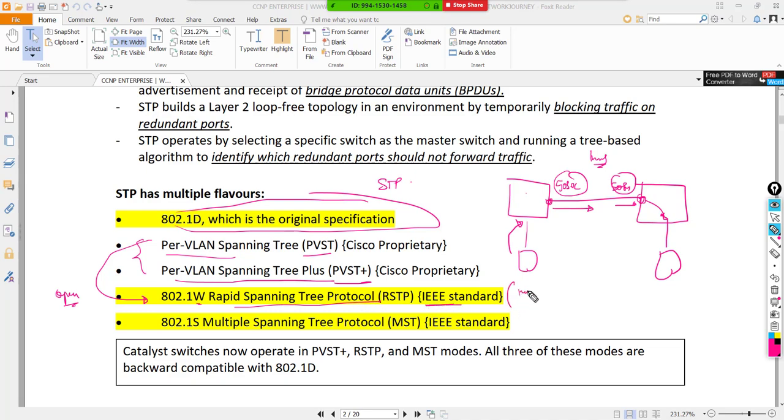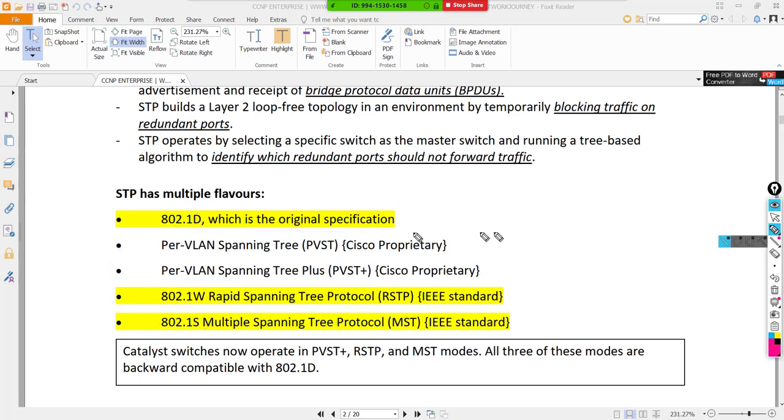That means it's multi-vendor supported, not just Cisco. The first two are Cisco, but this one is multi-vendor. We also have Multiple Spanning Tree Protocol, which is an IEEE standard. The ones highlighted are included in CCNP Enterprise. Today I'll cover this, maybe tomorrow this, and then MST in the next class.